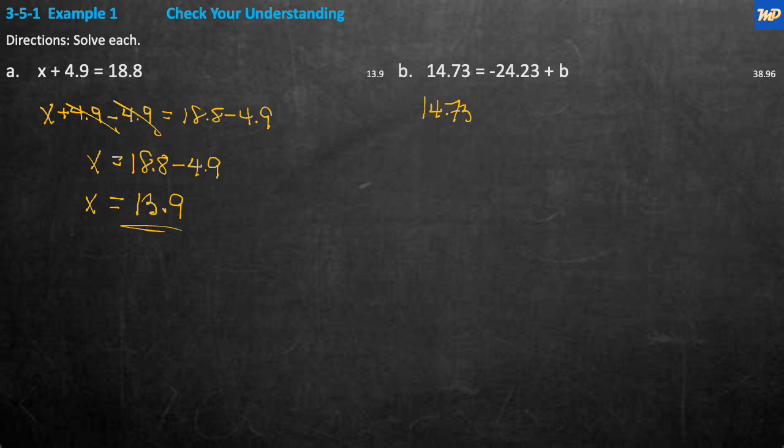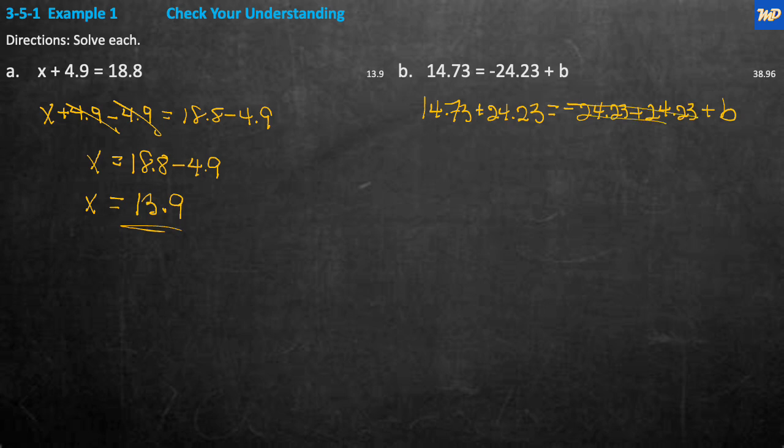So I'm going to add 24.23 to both sides. That's equal to negative 24.23, the original number, plus what I'm adding, 24.23, plus B. These two here will cancel.